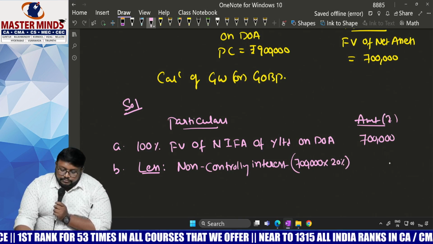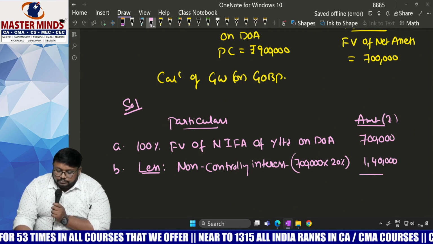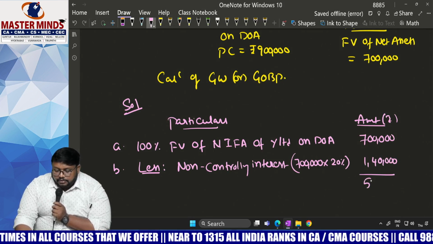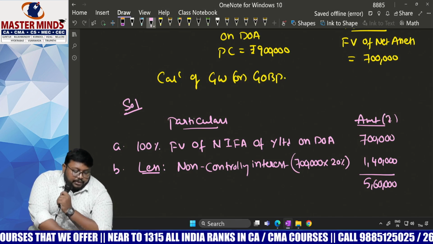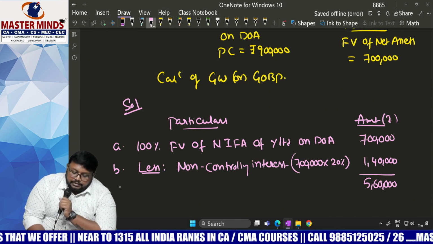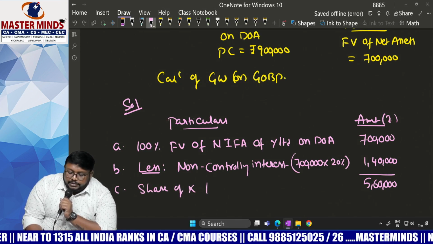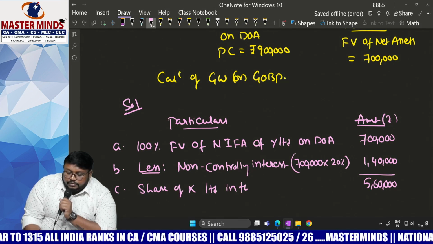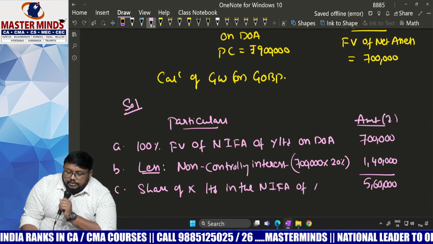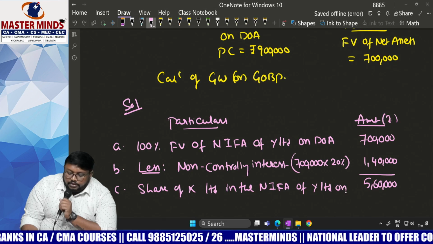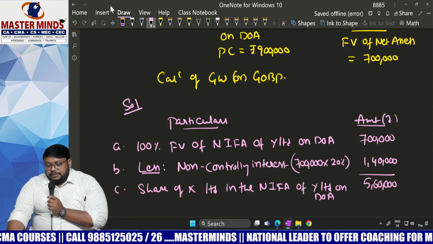How much? 1,40,000. How much is left? 5,60,000. Whose share is it? Acquirer, so share of X Limited in the net identifiable assets of Y Limited on date of acquisition, 5,60,000.